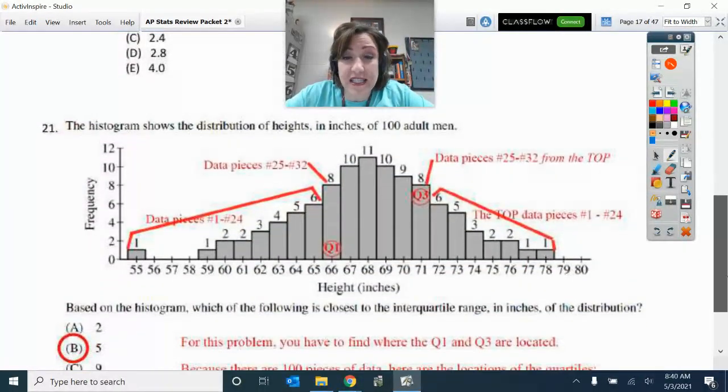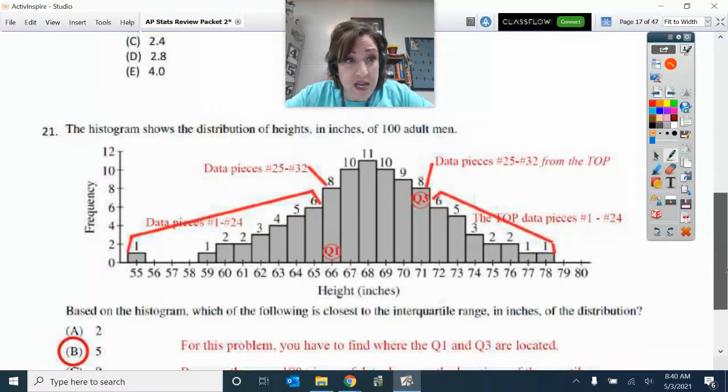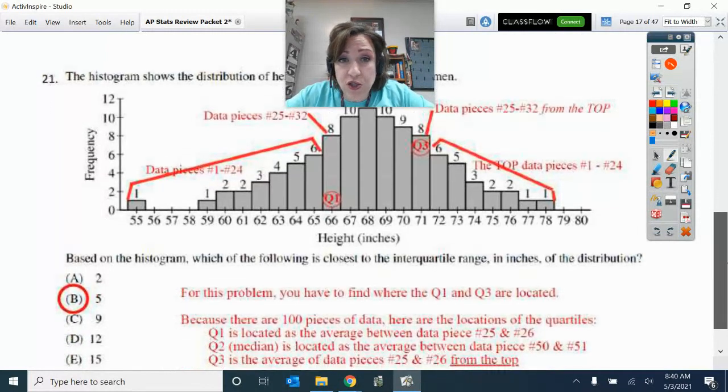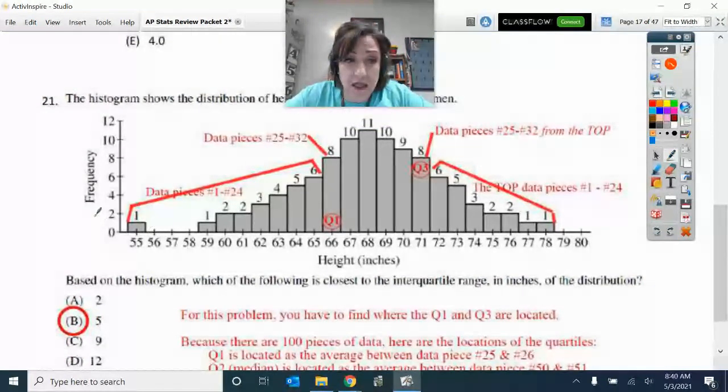And then here's this. This was an actual AP question. So we have this distribution of heights in inches of 100 adult men. So I actually counted where all of these quartiles were. So I counted to the 50th and so on and so forth.